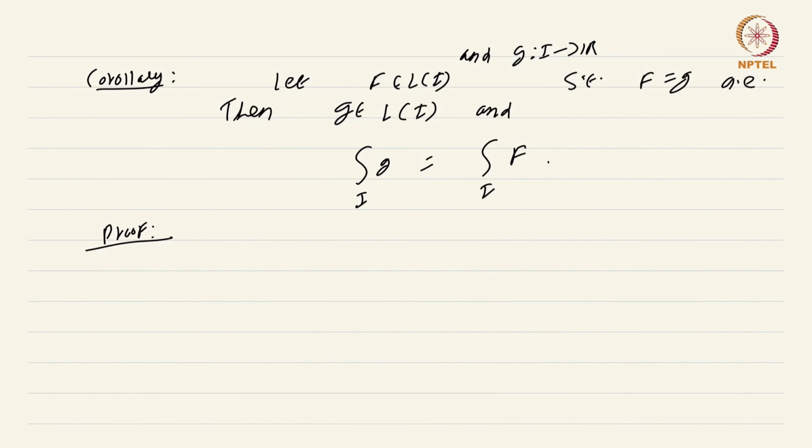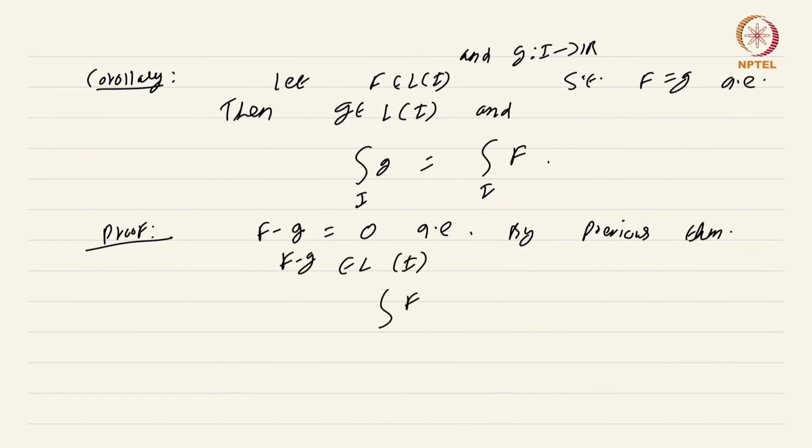Look at f minus g. f minus g is 0 almost everywhere. So by the previous theorem, f minus g is Lebesgue integrable and the integral over I of f minus g is just 0. But g is f minus (f minus g). And because the collection of Lebesgue integrable functions is a vector space, this in fact shows that g is Lebesgue integrable.